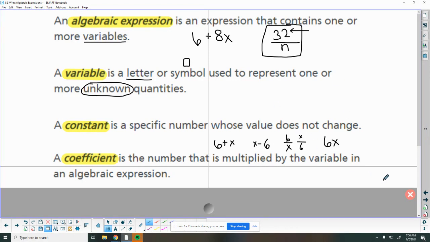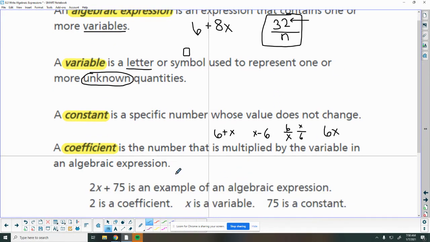So let's look at a few examples. So we have 2x plus 25 is an algebraic expression. It has numbers, variables, operations, no equal sign. So 2 is the coefficient. I want 2 groups of x. X is the variable, so we need 2 groups of an unknown number. Maybe we need 2 groups of 10, 2 groups of 100, 2 groups of 79.